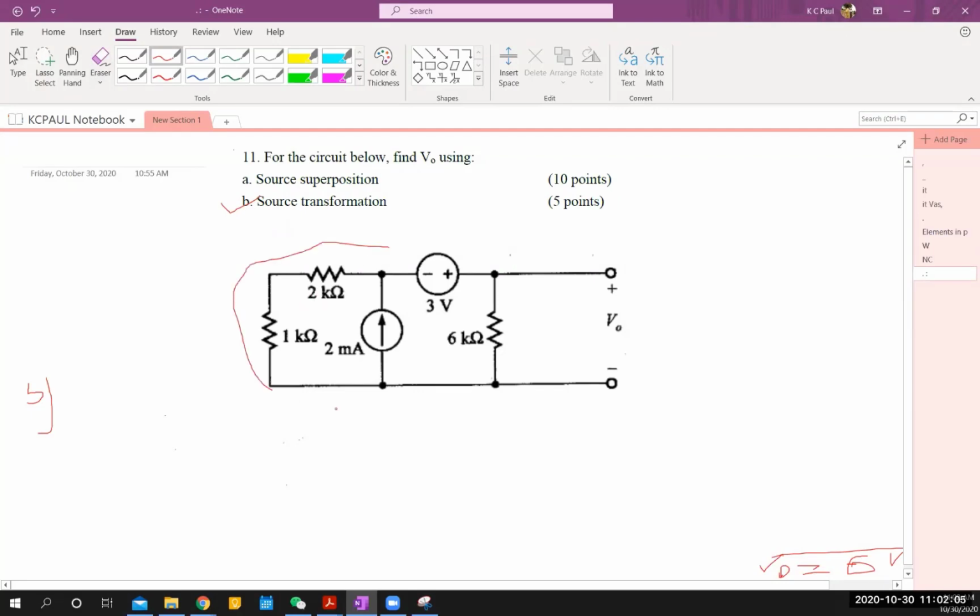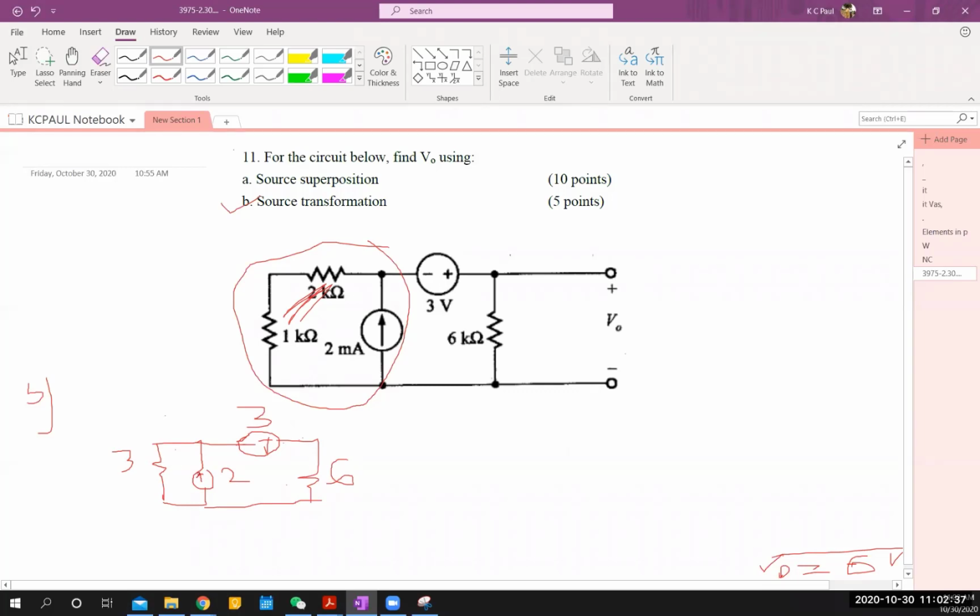So think about this part here. These two elements are connected in series. So series means 3. Now this 3 is again in parallel with this current source. And then you have a voltage source here. So 3, this is 2, and now you have this 6, right? So the first thing is you got this one.